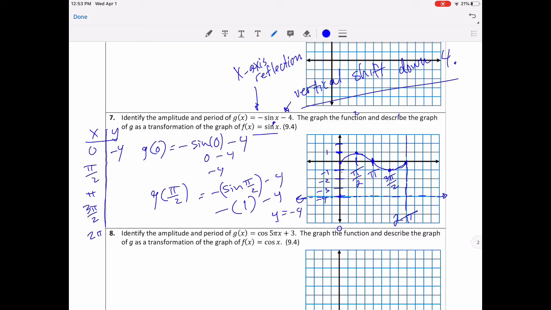So that's 1 times negative 1, negative 1, minus 4, minus 5. And I'd go through and I'd evaluate my other locations. And it should look something like this.